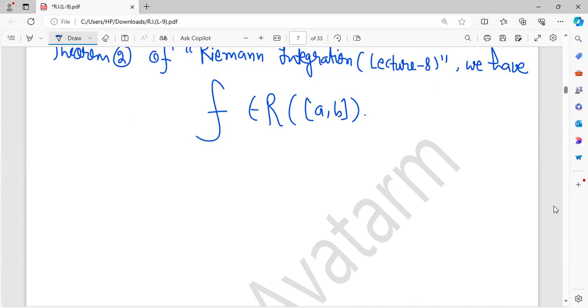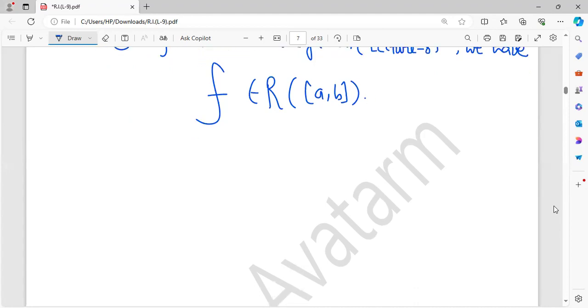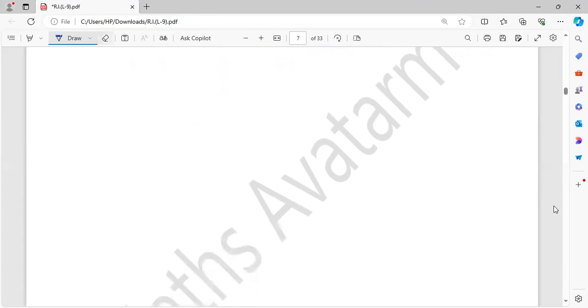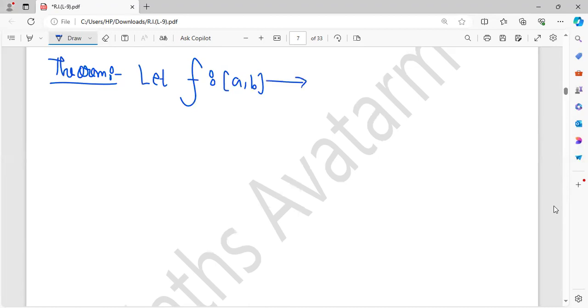So now move to the next theorem. Let f from the closed interval [a, b] to R be a bounded function.